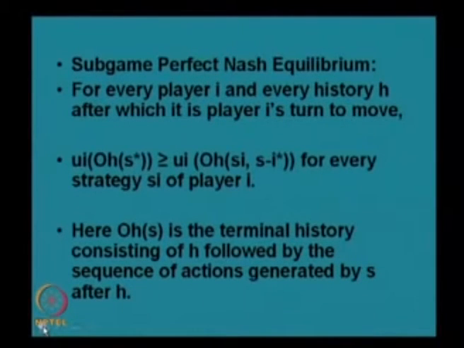And here is the definition. Subgame perfect Nash equilibrium is defined as the following: for every player i and every history h after which it is player i's turn to move, this has to be satisfied. Sorry, let me write it down separately.